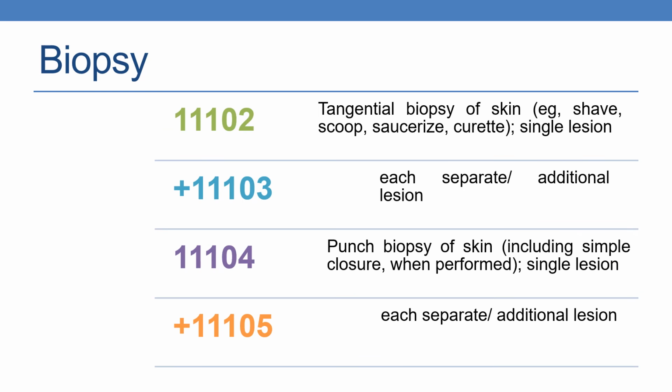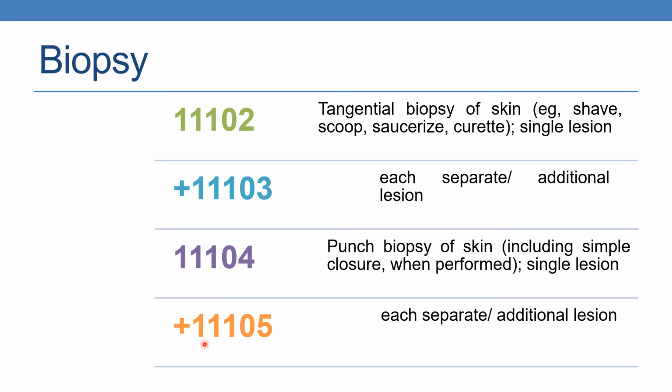Now coming to the various CPTs of biopsy. The first CPT is 11102, which is tangential biopsy of skin, shave, scoop, saucerize, curette, single lesion. The next is add-on code 11103, tangential biopsy of skin, each separate or additional lesion. The next is 11104, punch biopsy of skin, single lesion. Punch biopsy includes simple closure when performed.